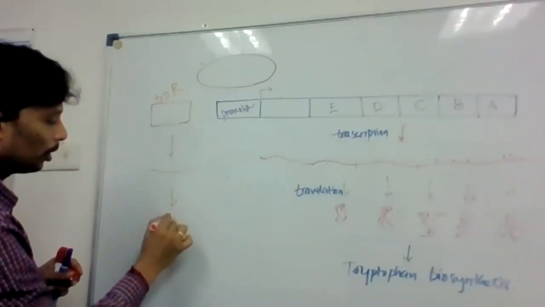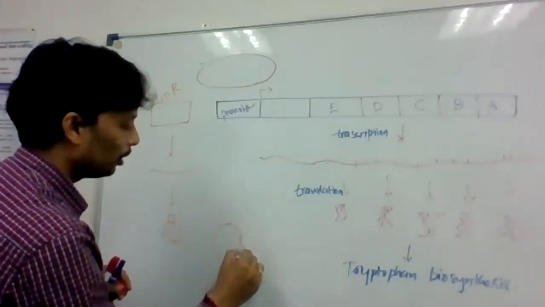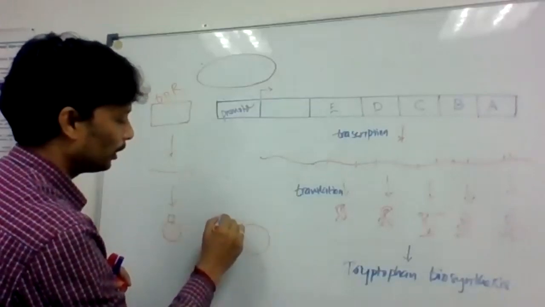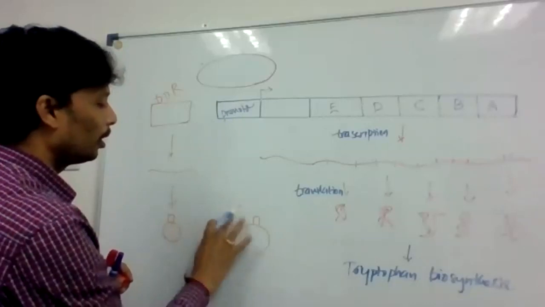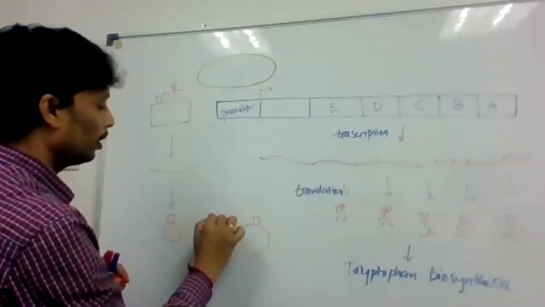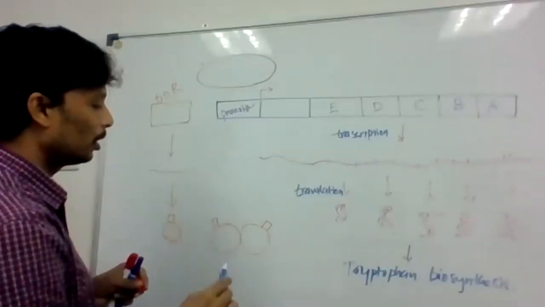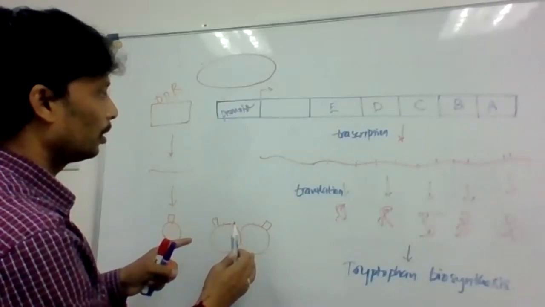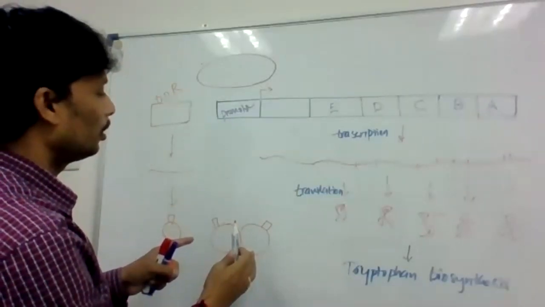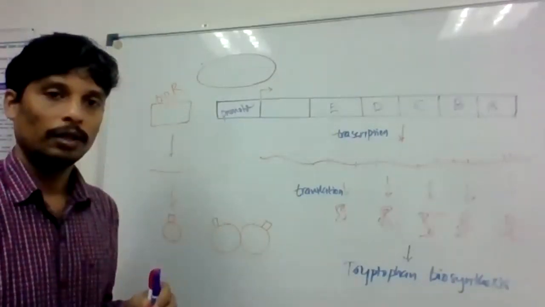So just to help you imagine and visualize, this repressor molecule will be present as a dimer. This dimer is such that this conformation is not going to fit exactly to the promoter region.